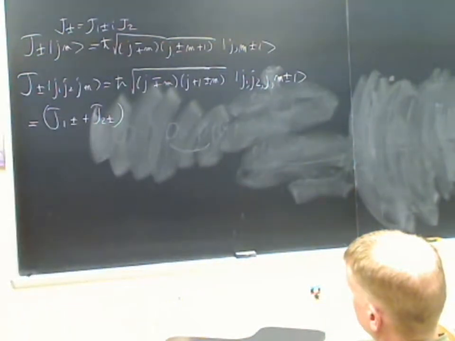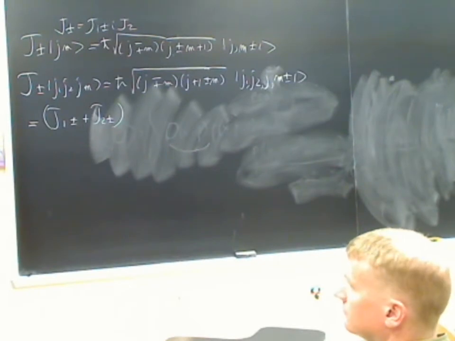the right-hand side of this thing. In other words, we're applying J plus or minus to this state here, which is now expressed in terms of all of these basic states that we started with, times these Clebsch's.